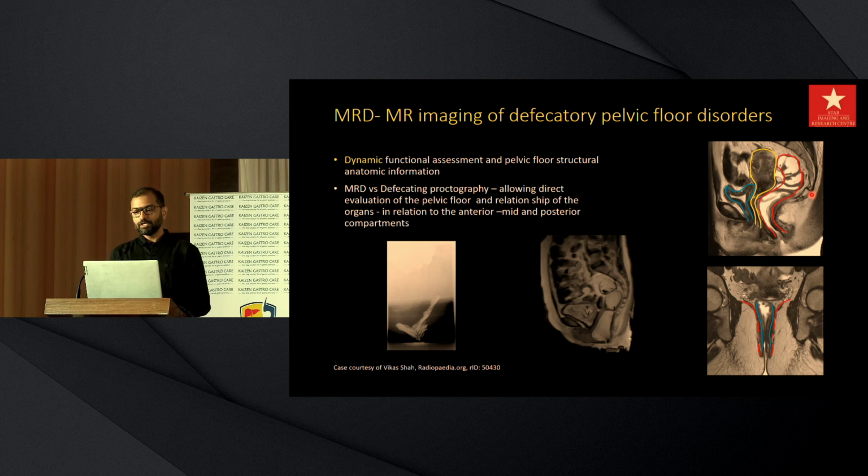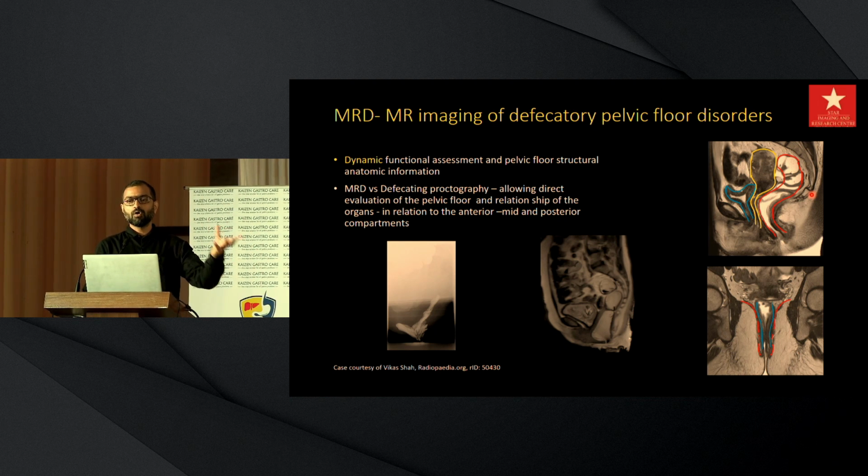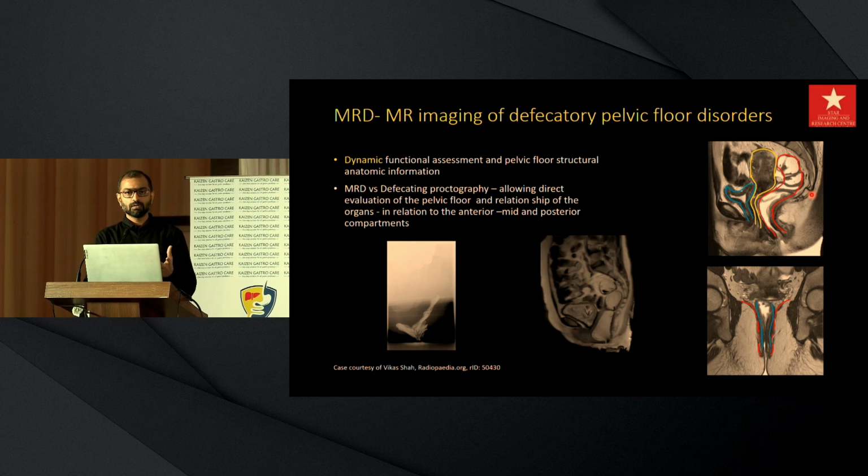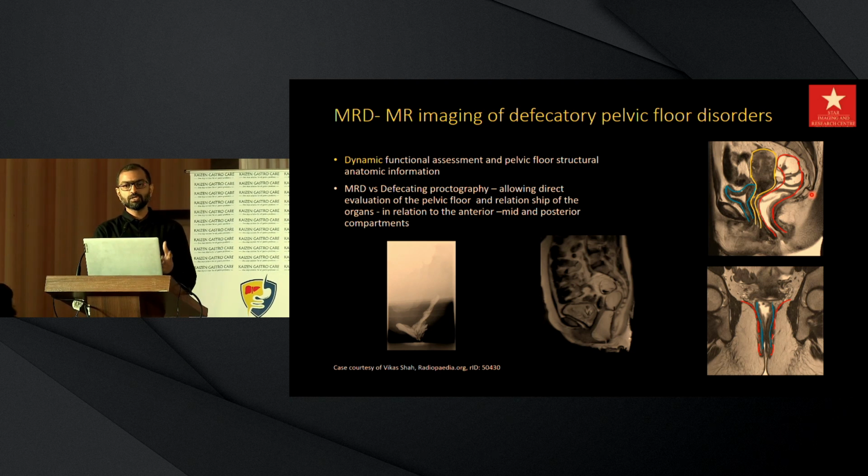Now, the issue with a study like this is that because there are varying degrees of affection of the compartments, the patient could present to a gynecologist or a urologist or a surgeon. And because the clinician may not be very well aware of what is happening in the other compartments, it could be possible that they are trying to treat one single compartment.